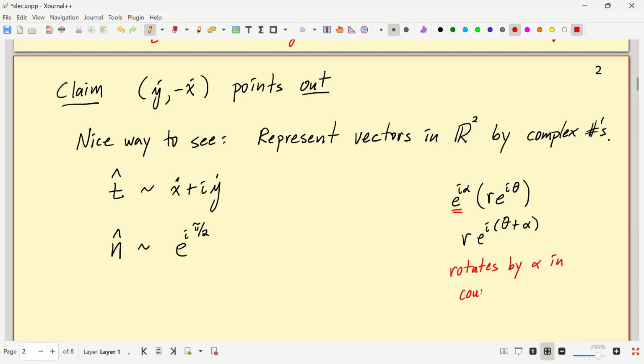And I wanted to go the other way. If I want it to go clockwise, I better put a negative i pi over 2 here. Then it goes the right direction.